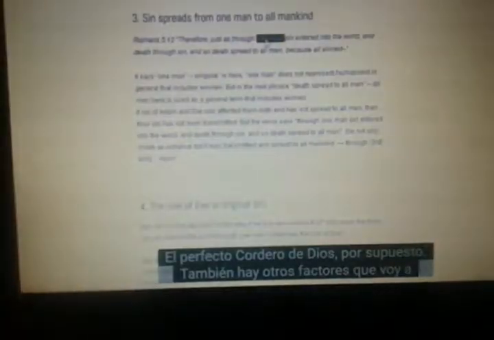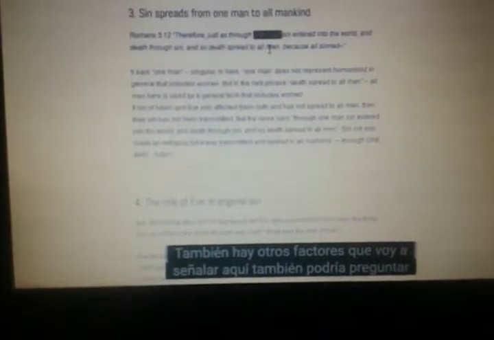Of course, there are other factors I'm going to point out here as well. You might ask yourself, what about the fact that Eve had a corrupted X chromosome? Now, Mary. You might be saying to yourself, well, Mary also had a corrupted X chromosome.